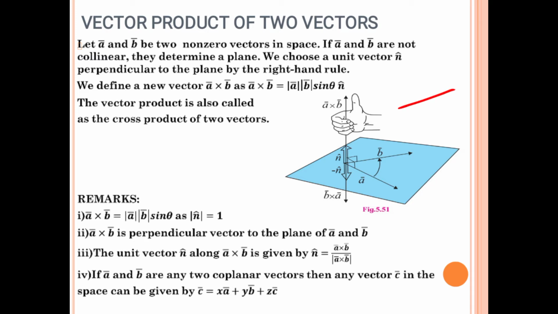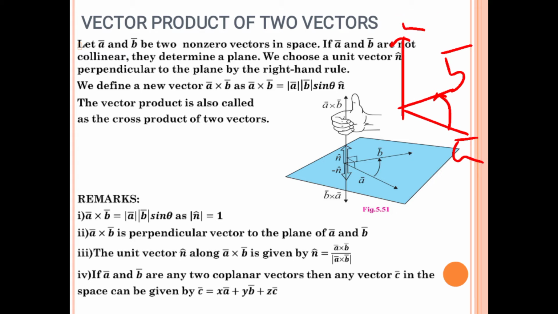If a vector and b vector are two vectors and the angle between them is in the anticlockwise direction, then the third vector which is perpendicular to these two vectors is a cross b, and its direction is denoted by the n unit vector. So this is called the cross product of two vectors.